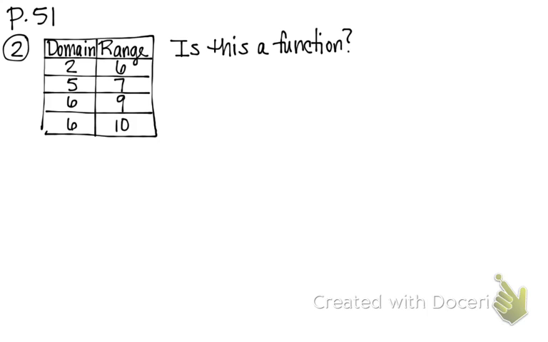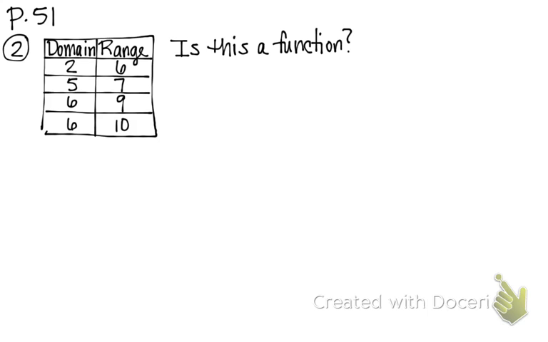In order for it to be a function, nothing in the domain can be reused. I'm going to say that one more time. In order for it to be a function, nothing in the domain can be reused. So what would your first impression of this one be? No. It's not a function because the 6 gets reused. Okay, so let's write that down.